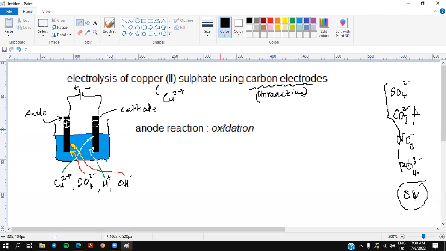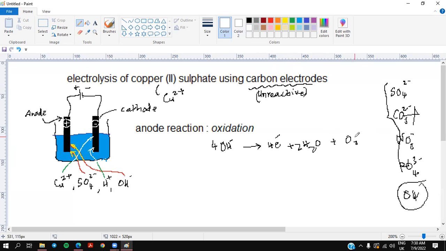So I'll write here the oxidation reaction. I remember this. When you do this several times, you also automatically get this into your mind. Otherwise you can balance this also, but since we do this very often, we remember this. 4 OH minus ions give 4 electrons. In the meantime, 2H2O plus oxygen.